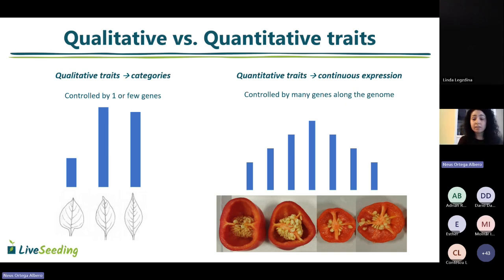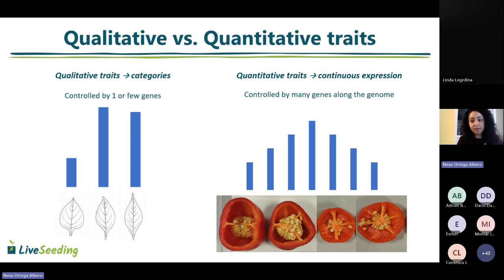The problem is that most of these interesting breeding traits, agronomically interesting traits like yield, or fruit quality, or tolerance to difficult agroclimatic conditions, or adaptation to different soils, are normally complex traits. That means that they depend on a lot of genes along the genome.